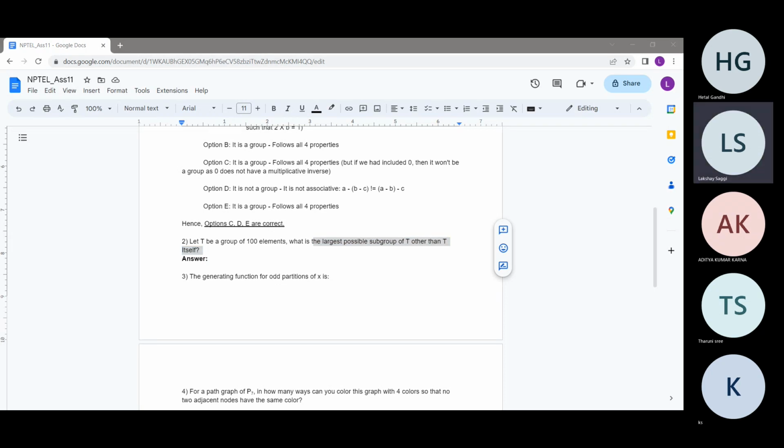This is based on, I think, Lagrange's theorem for groups. Any guesses, guys? What can be the largest possible subgroup size for a group of size 100?